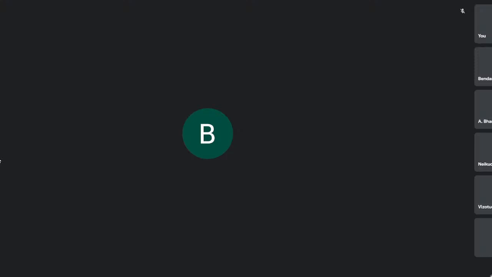Can you see my screen? So can you try? There are some network issues with the resource person, so let's wait for some more time.